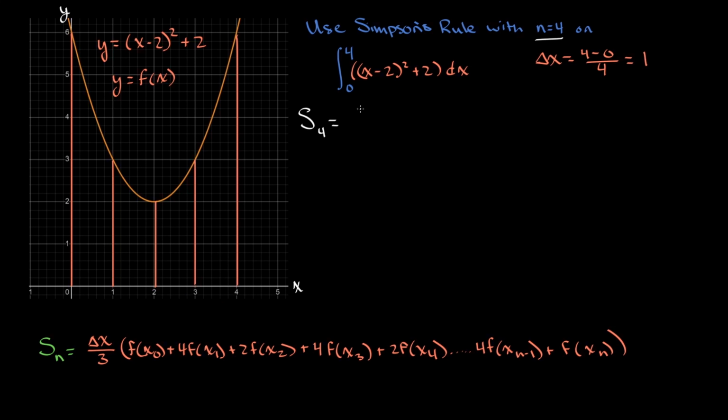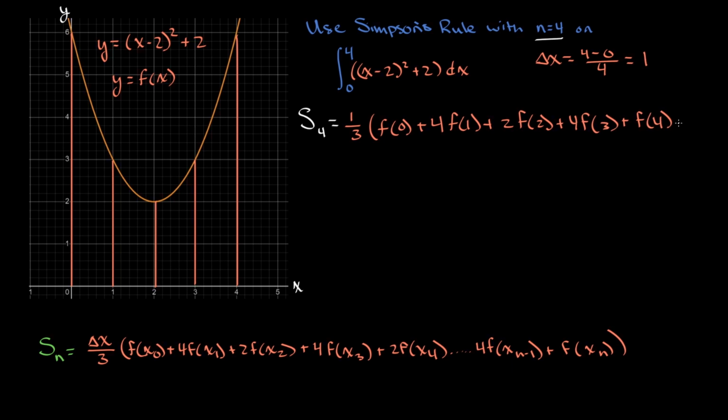We found that delta x is 1, so we have 1 over 3, multiplied by f of 0, plus 4 times f of 1, plus 2 times f of 2, plus 4 times f of 3, and then finally plus f of 4.